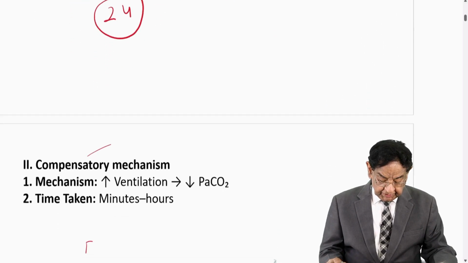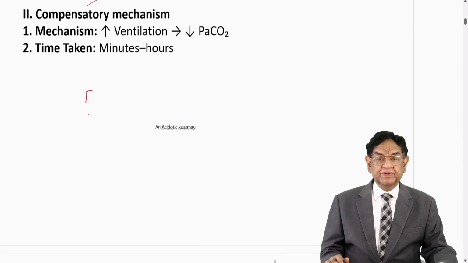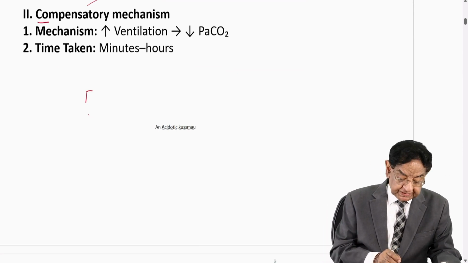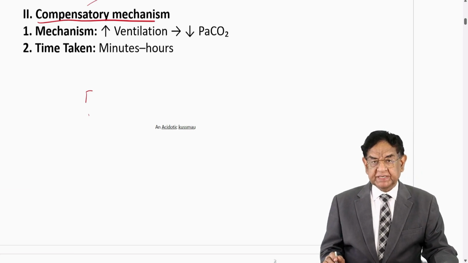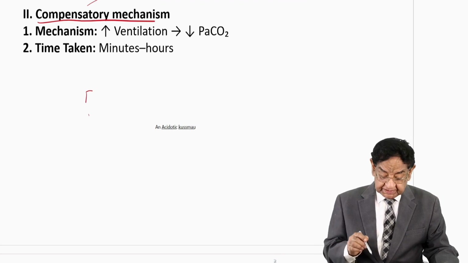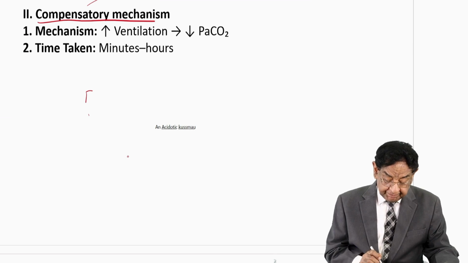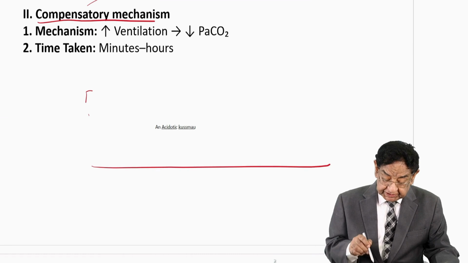With this background, now we talk about compensation. As we know, whenever there is an acid-base disturbance, the body has a compensatory mechanism. The compensatory mechanism is that the body tries to bring back pH to normal. So let me give you again. This is the pH.